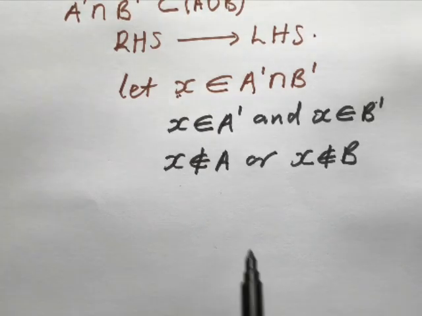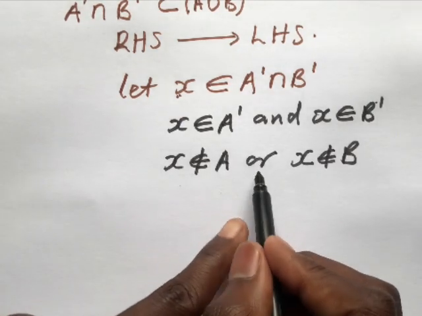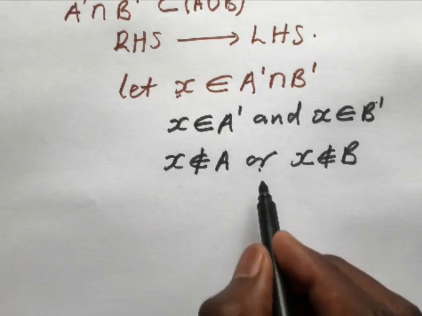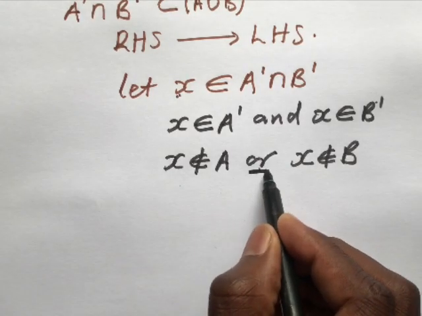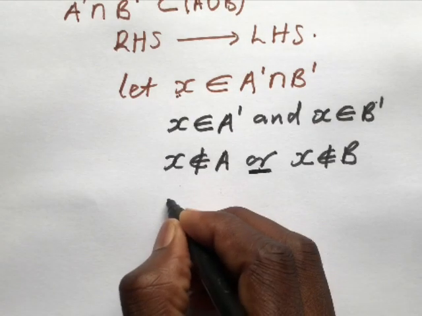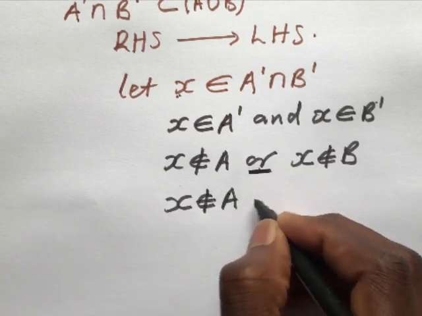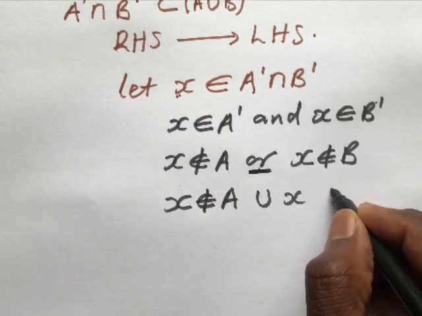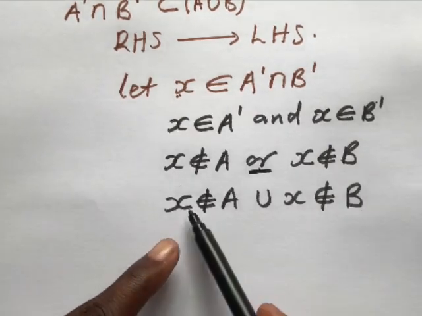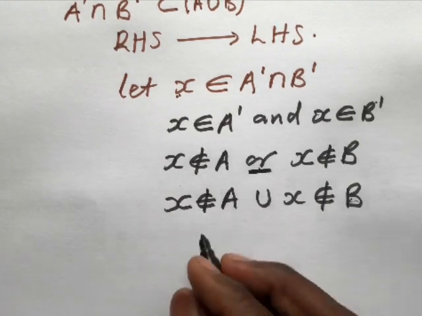So from here, what you'll be able to understand is this. To change this, the word which is in the middle, we are going to turn it into a symbol. We are going to say x cannot be a member of A union x cannot be a member of B. I'm going to factor what is common here by putting the remaining things inside the brackets.